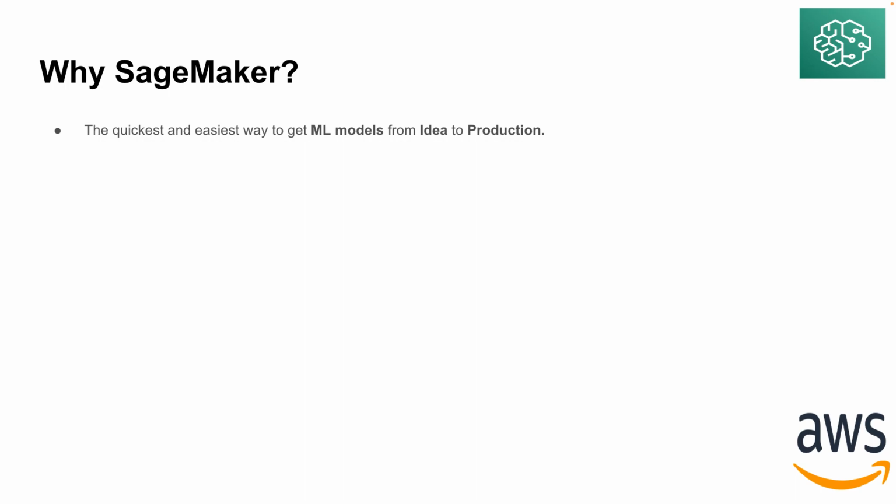It will not be used by the end consumer. There are many projects I've seen that are stuck at that stage only. They don't go to production because of the operational or infrastructure related challenges. So SageMaker makes it easier to take machine learning models from idea to production.